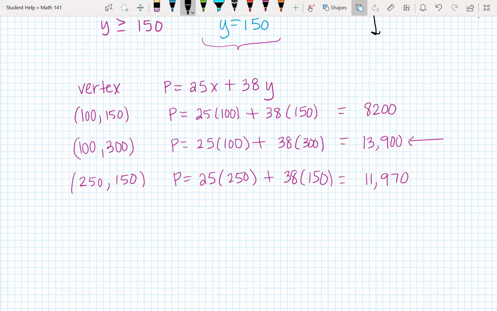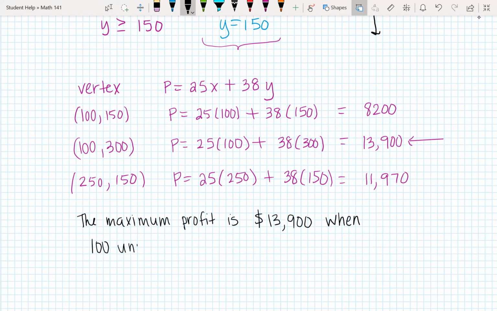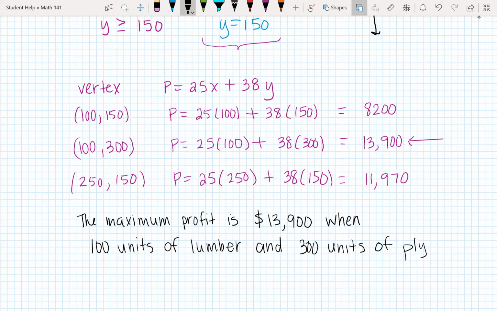So the maximum profit is $13,900 when 100 units of lumber and 300 units of plywood are produced.